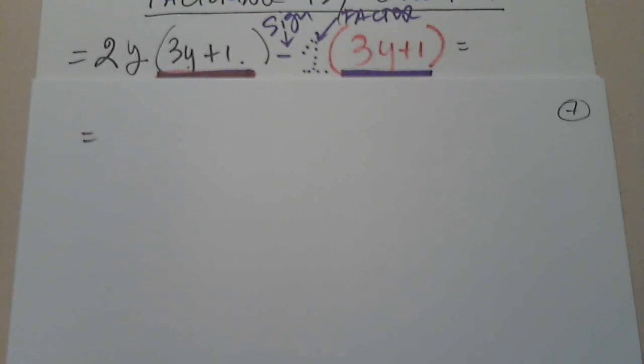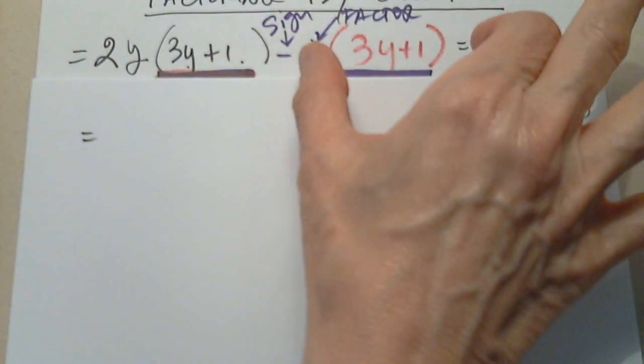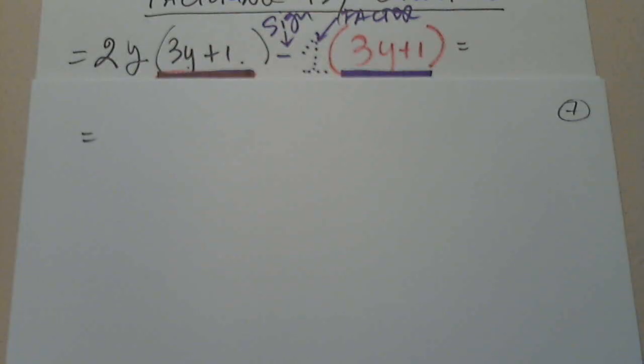Do you see it? Anyone sees the common factor to this piece and to this piece? Can anyone read it? 3y plus 1. That's it. That's all I needed. 3y plus 1.